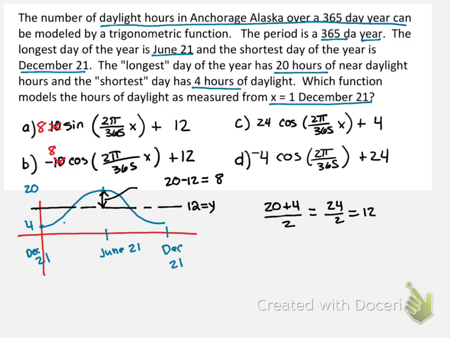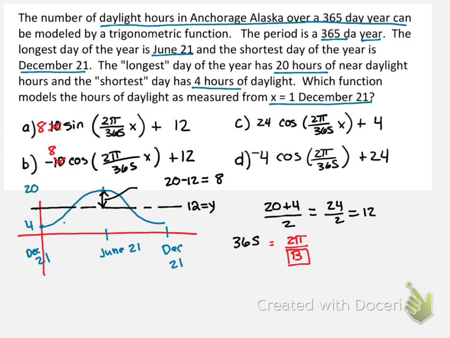Now the next thing we need to look at is the period. They told us our period is 365 days, so that would mean the period must be 2 pi over b. We're really searching for this b, because we know the period is 365.